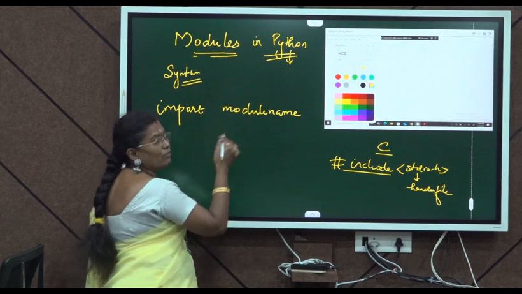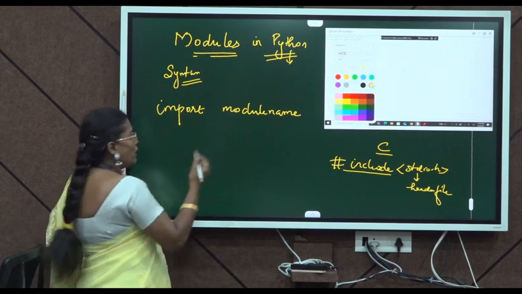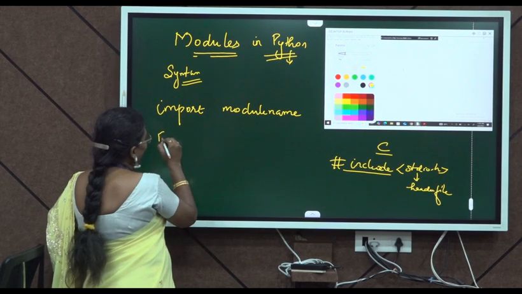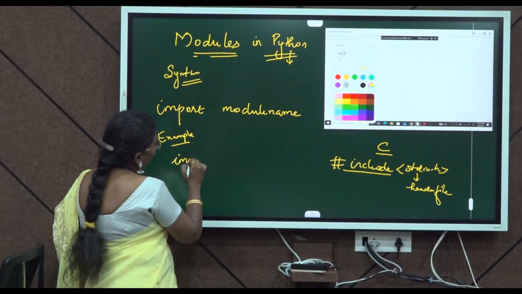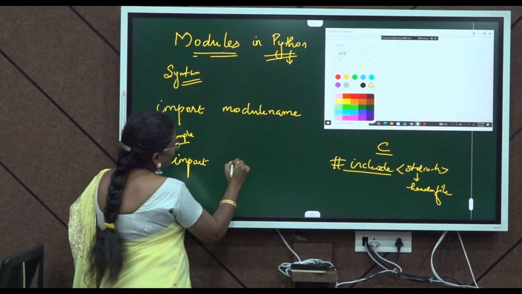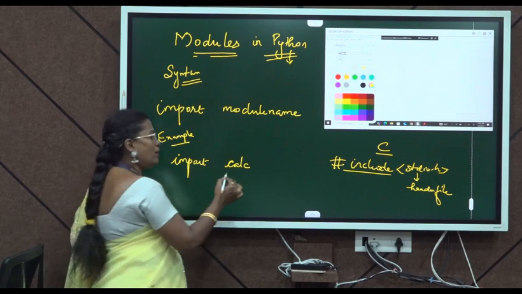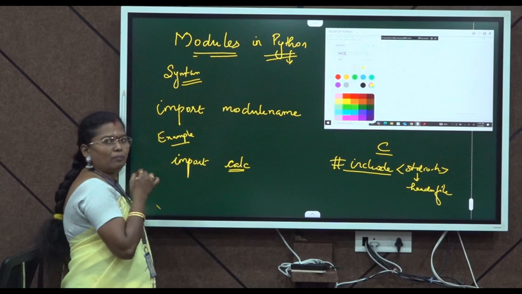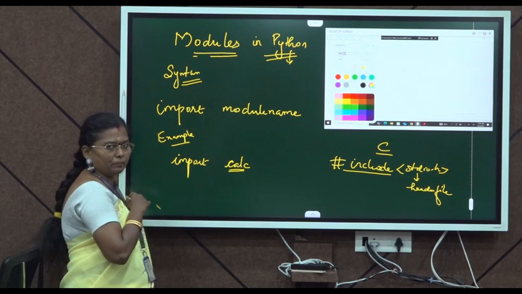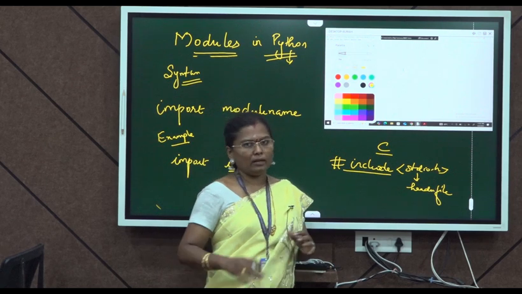Whatever module we created so far can be included in this fashion. In our previous example, we have a module called calc, so let me put an import statement: import calc. Now whatever functionality or features calc has can be utilized in our program.